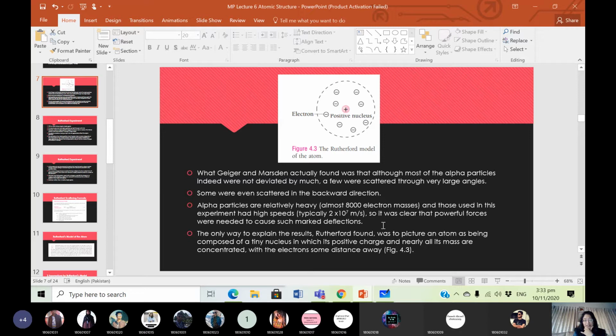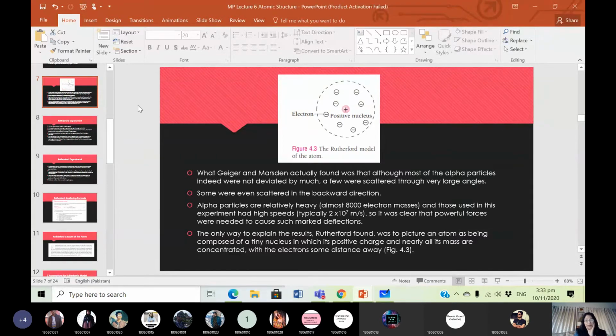Rutherford explained that result by his model, which was different from the Thomson model. He pictured an atom as being composed of a tiny nucleus, which carries its positive charge and nearly all its mass, with electrons some distance away.